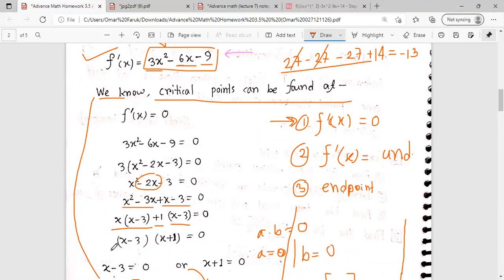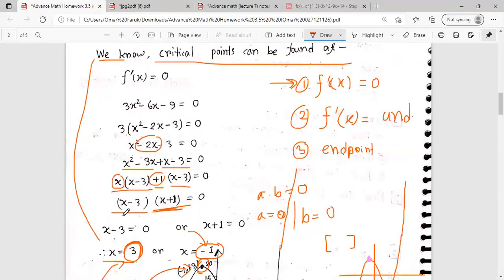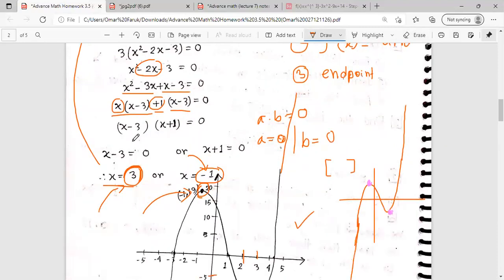Then again I take x minus 3 common, and it will make x minus 3 into x plus 1. As these two functions are multiplied and equal to 0, x minus 3 will be 0, and x plus 1 also will be 0. So now we get x equal to 3 and x equal to minus 1.